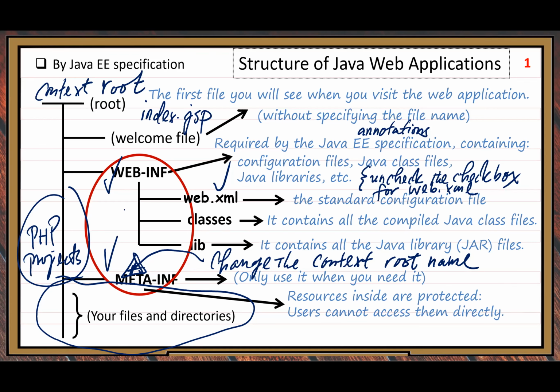These two folders have the data protection property. Resources inside are protected against external users. So the users cannot access the resources inside these two folders directly.